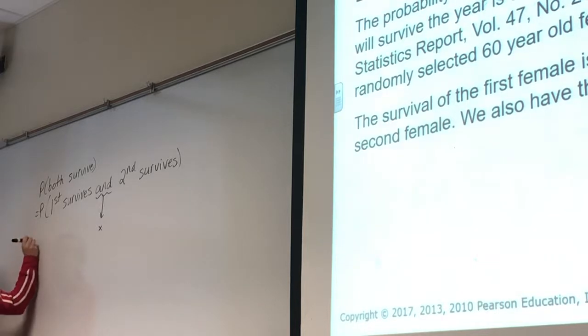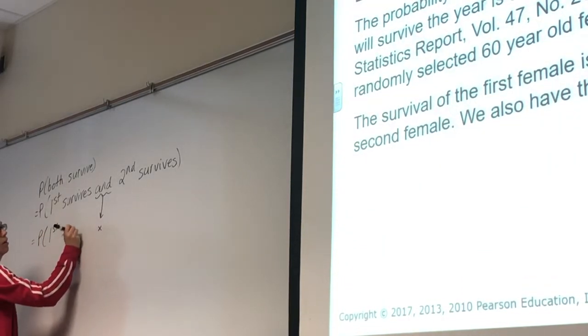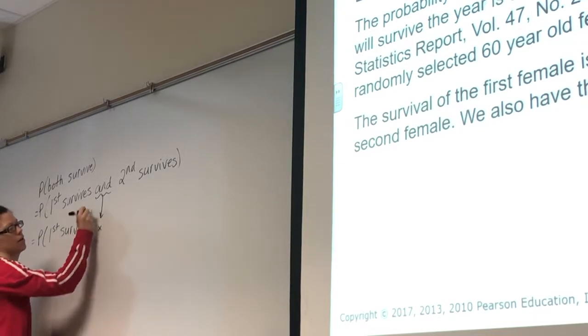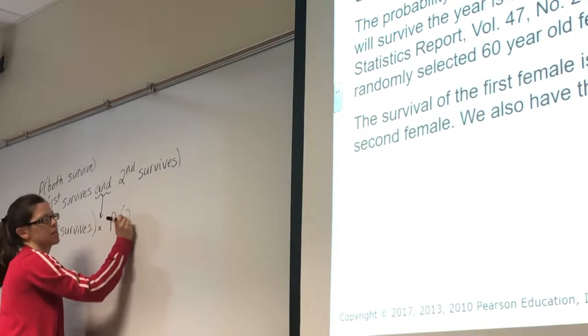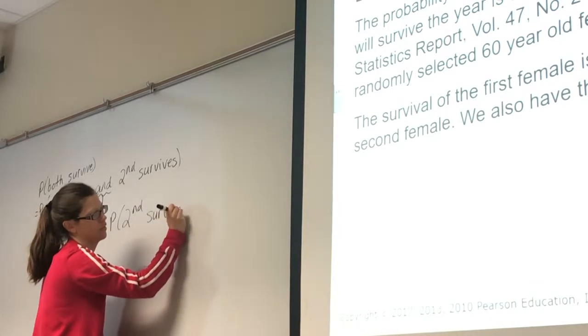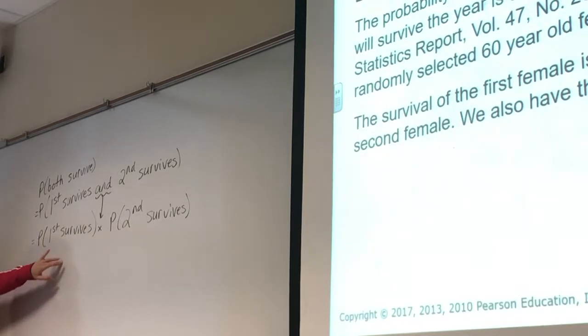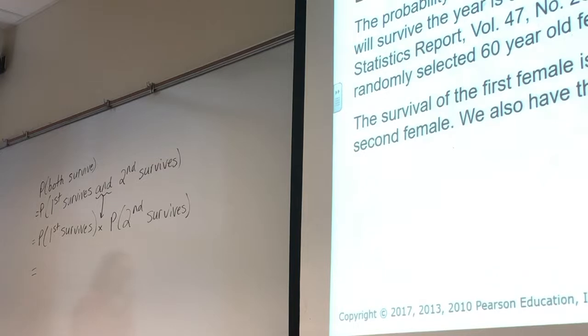So this is going to turn into the probability that the first one survives, and the probability that the second one survives. And what's the probability that the first survives? Yeah, so that's that percent right there.